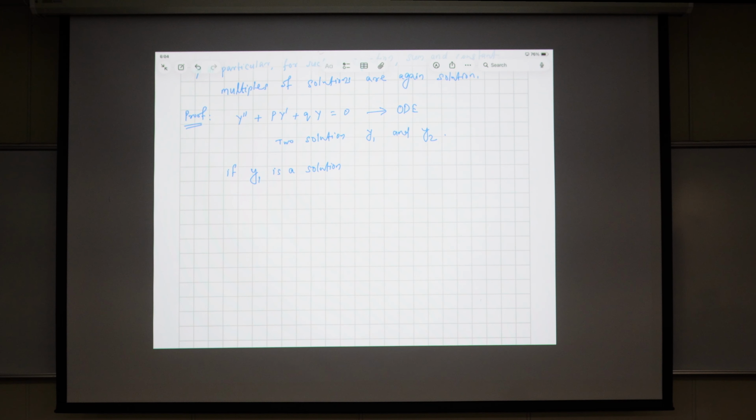Then can I write y1 double dash plus p y1 dash plus q y1 is equal to 0? If y1 is a solution, then I can definitely write this.